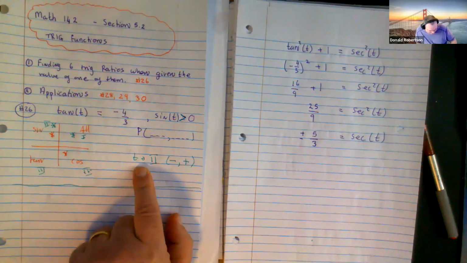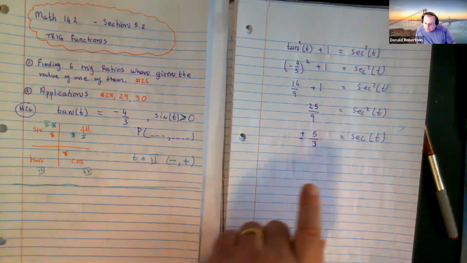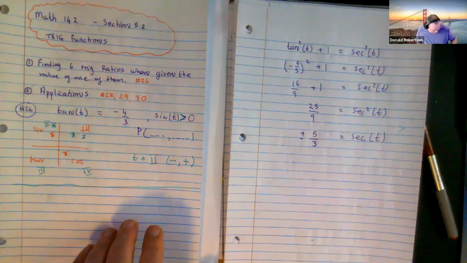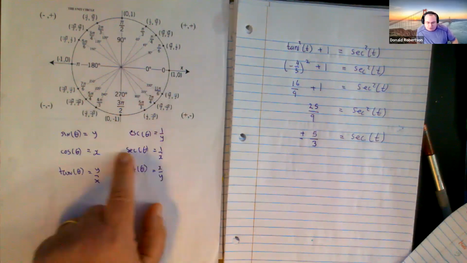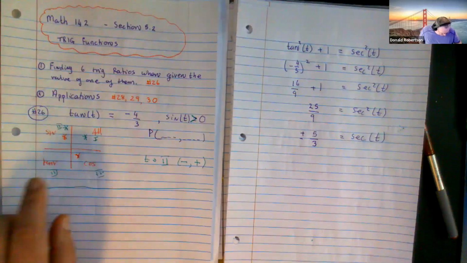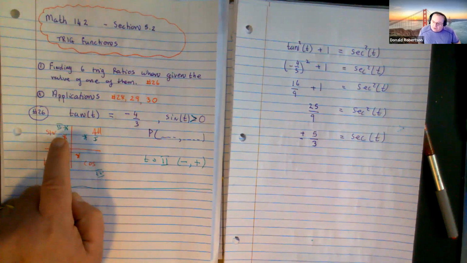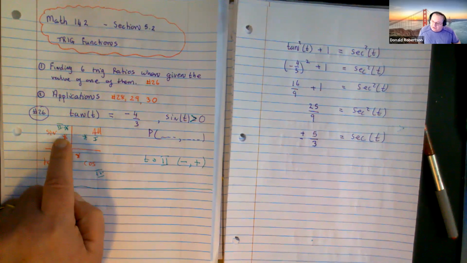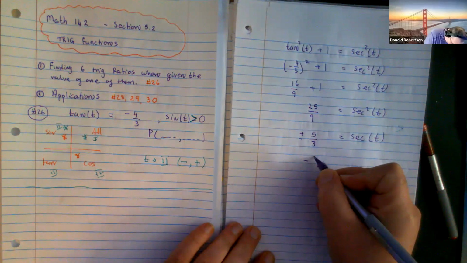Don't we know that the angle is in the second quadrant? We found that out. Doesn't the secant behave just like its partner, the cosine, right? These two go together. So in the second quadrant, the cosine is negative. And so in the second quadrant, won't the secant be negative? That makes sense. So this guy is negative 5/3.